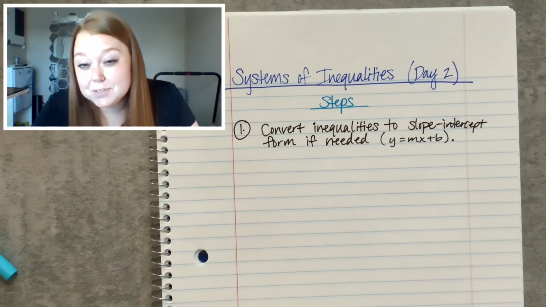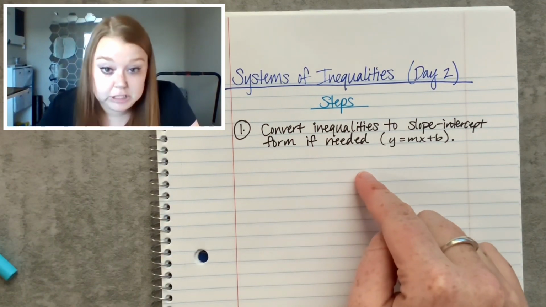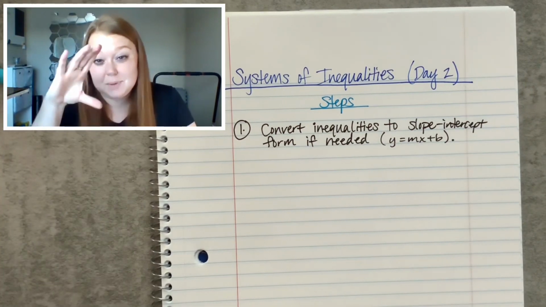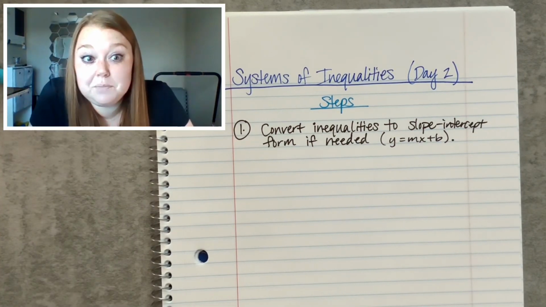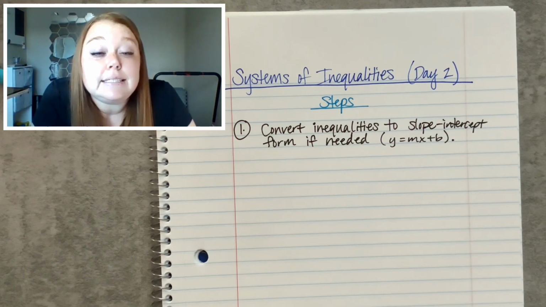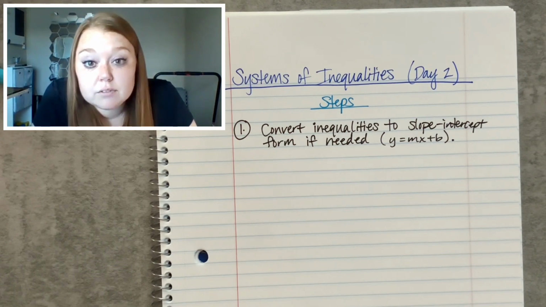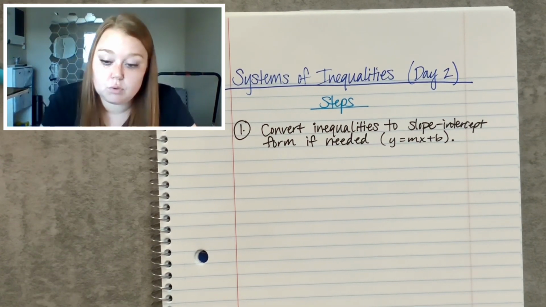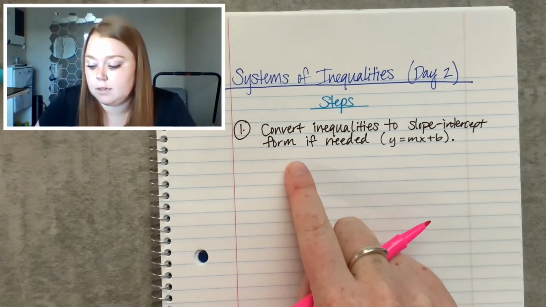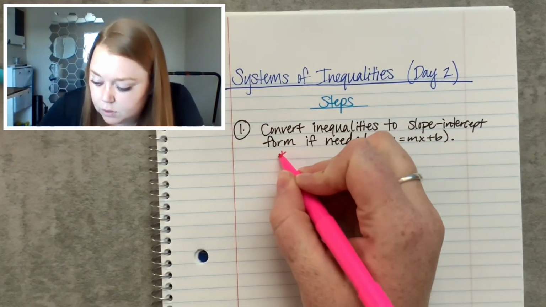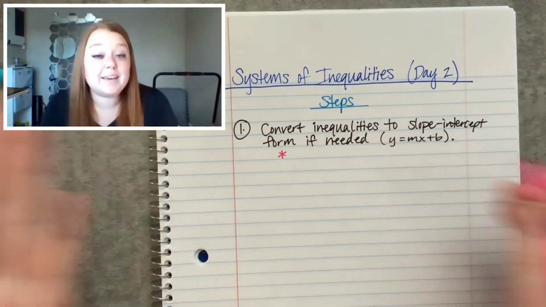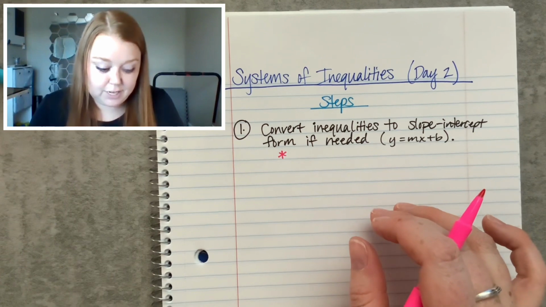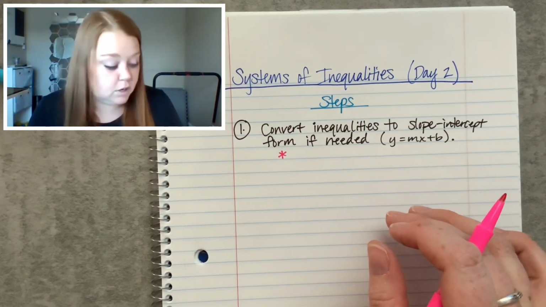So if it's not in slope intercept form, that's your first task: you've got to rearrange some stuff. Now, when we're doing our rearranging to get y by itself, there might be a chance that you have to flip the inequality symbol. Do you remember when? If you multiply or divide by a negative, you have to flip the sign. Okay, that's a rule of inequalities. So you're going to want to make a little note to yourself, and you can use a highlighter or make it stand out somehow, because it's definitely a common mistake that kids make, forgetting to flip the sign if they multiply or divide by a negative.